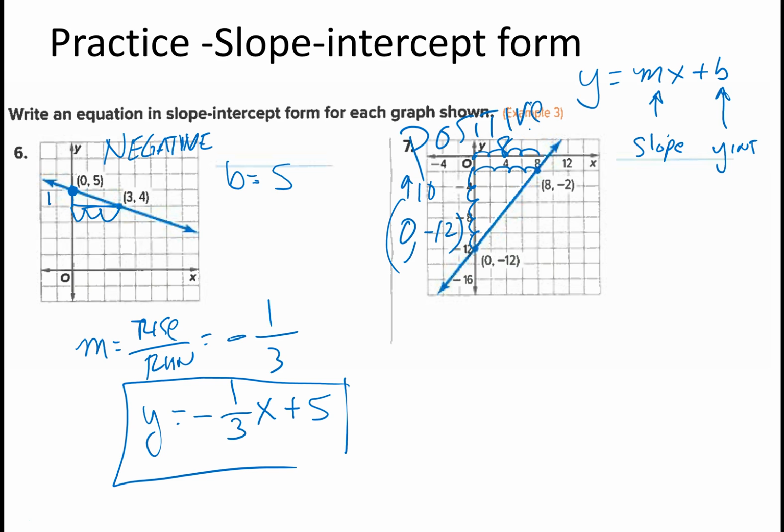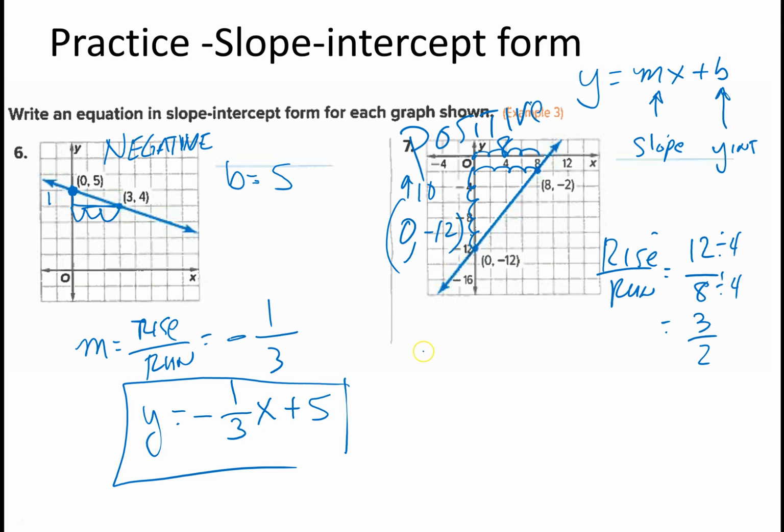So that's 8. So my rise over my run is 12 over 8, which if I divide by 4, I get 3/2.